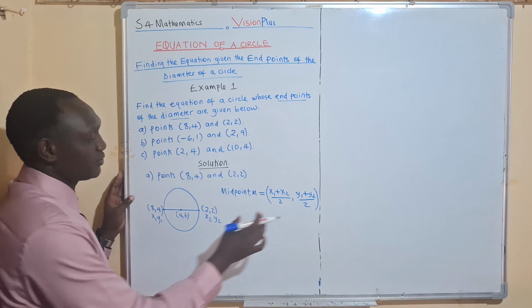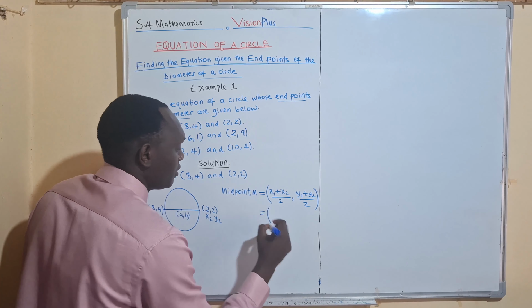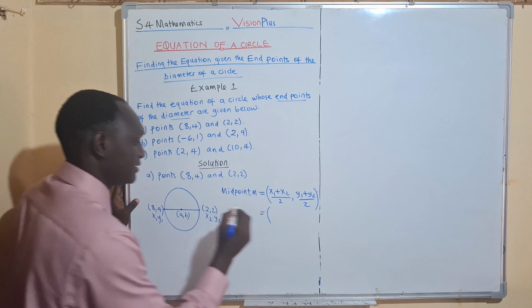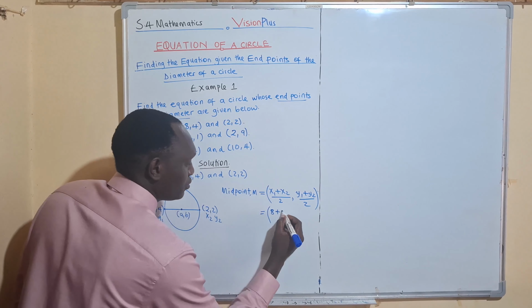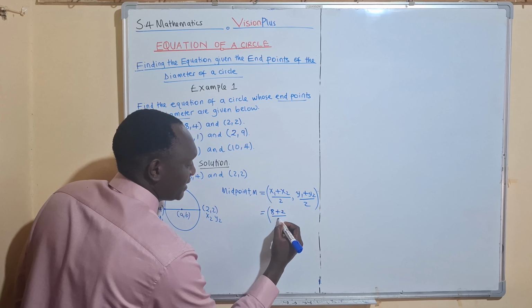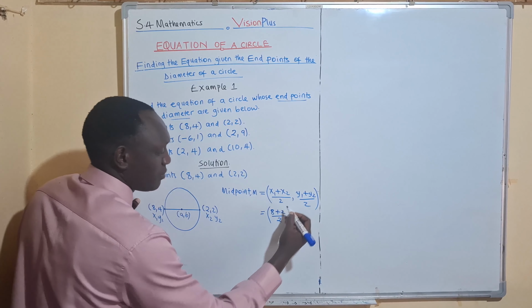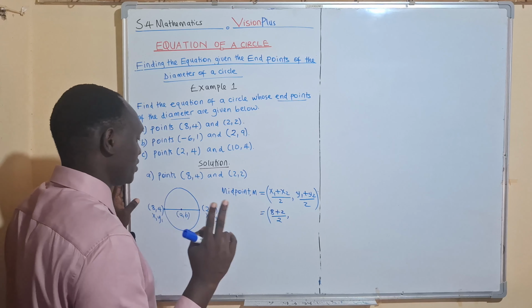So we need to substitute now for these values so that we get the midpoint. x1 plus x2. Where is x1? x1 is here, 8, plus, where is x2? x2 is 2. And then we are dividing these two terms by 2. Comma. This one is a comma. Don't put plus, minus, or times here, because they are coordinates.